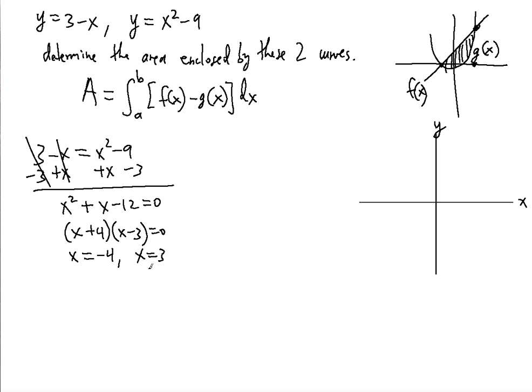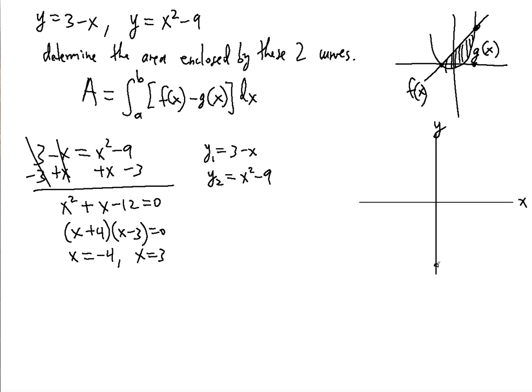Now the only thing that remains is to find out which function will be f of x and which one will be g of x. You have one function, 3 minus x, and the other function, we'll label them y1 and y2, is x squared minus 9. As you know, x squared minus 9 is a parabola that has a y-intercept of negative 9 and opens up.